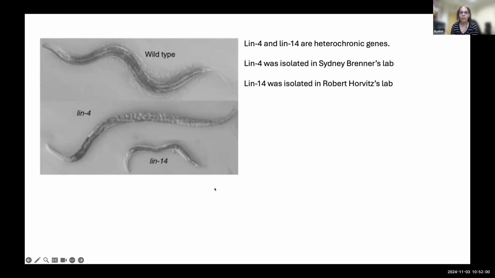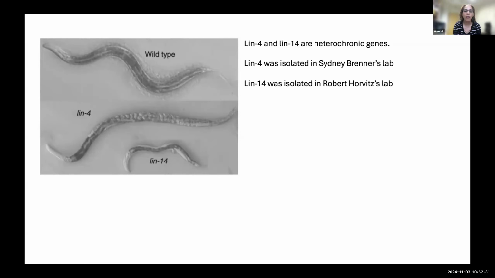This is pretty funny because these are methods that we no longer teach because we don't use them anymore. But they did the entire postdoc on lin-14 and heterochronic genes. And when they published several papers, the main paper on lin-14 was actually published by both of them in Genetics.